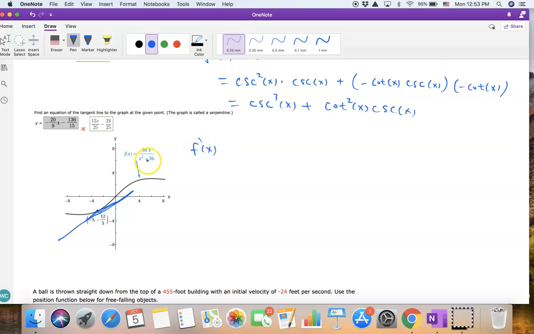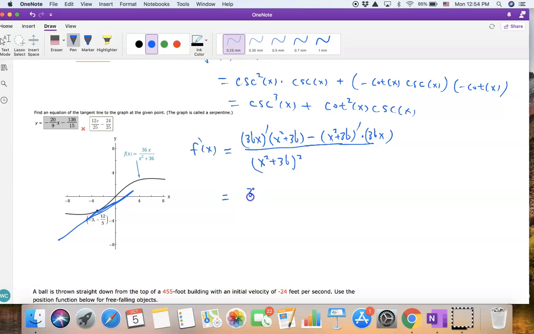Since this function is a quotient, we use the quotient rule. The derivative is the derivative of the numerator multiplied by the denominator, minus the derivative of the denominator multiplied by the numerator, over the square of the denominator.